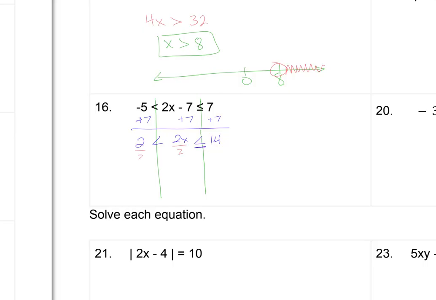Divide by 2, divide by 2, divide by 2, and we get 1 is less than x, which is less than or equal to 7. So there's that. Here comes the graph. Open, closed, shade in the middle.